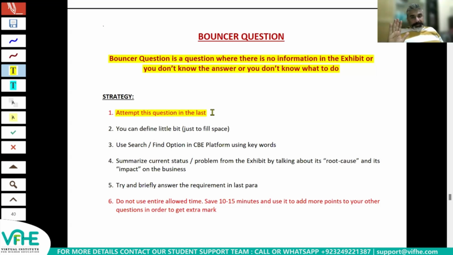We will always start with the easier questions first so that we can get a head start on the marks, and the most difficult bouncer I will keep for the last. I will not attempt a bouncer question in between because it will ruin my entire time and energy. So bouncer questions at the last, number one.